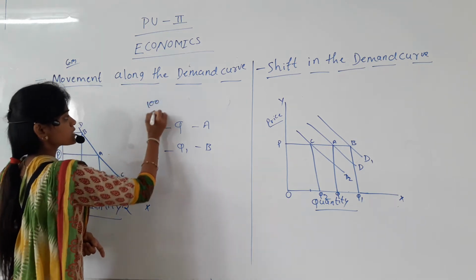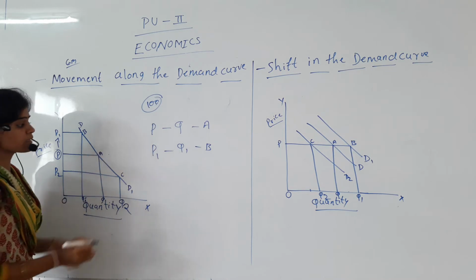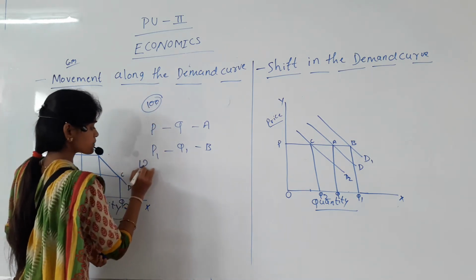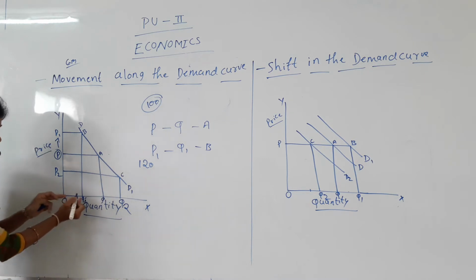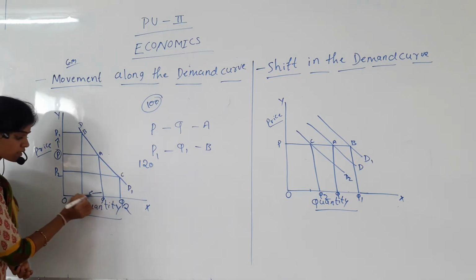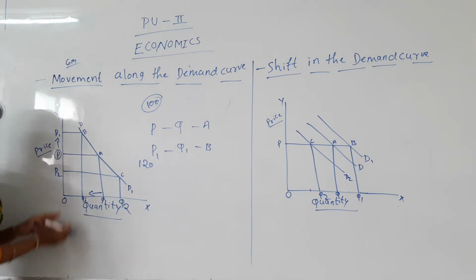First price is P, we assume that here. If the price is increased from 100 to 120, then the quantity is decreasing to Q1.